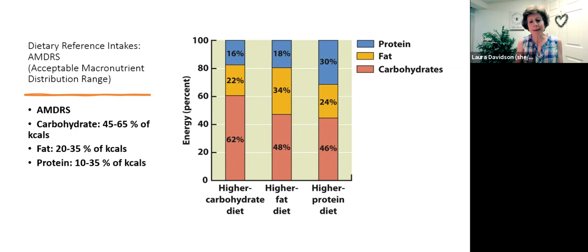And yet, I think the AMDRs do help raise a red flag if we see that a diet seems to be way off what these ranges are suggesting, okay? So let's say you're working with a client and their protein is taking up 50% of their calories, okay, and their carbs are down at 30%.